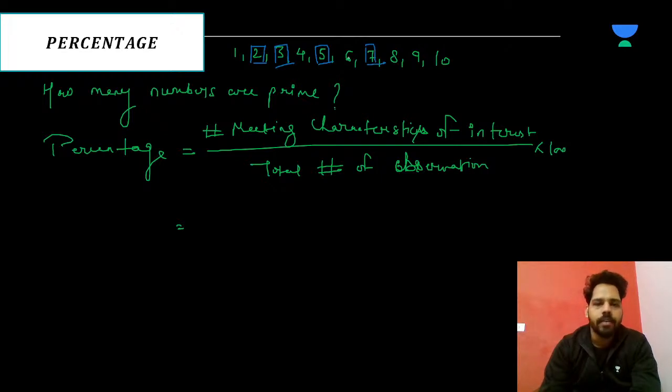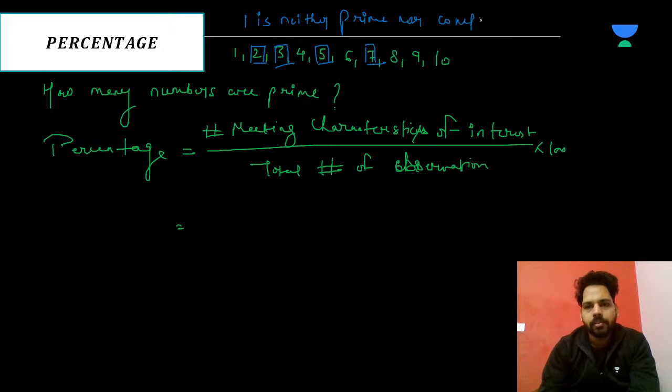These are the numbers which have only two factors, one and itself. One is neither prime nor composite. If you do not know, please note down this statement. One is neither prime nor composite. Okay, keep in mind.